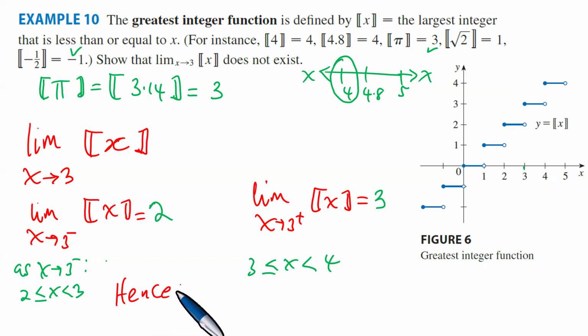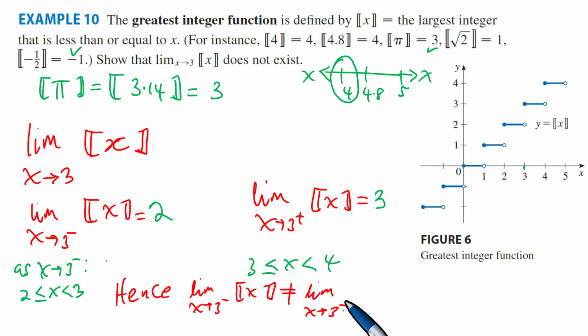Hence, we're able to see that the limit as x approaches 3 from the left is not equal to the limit as x approaches 3 from the right.